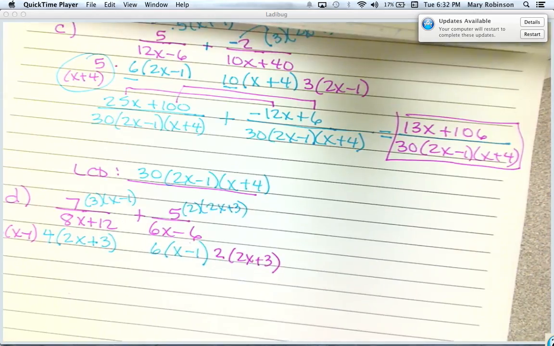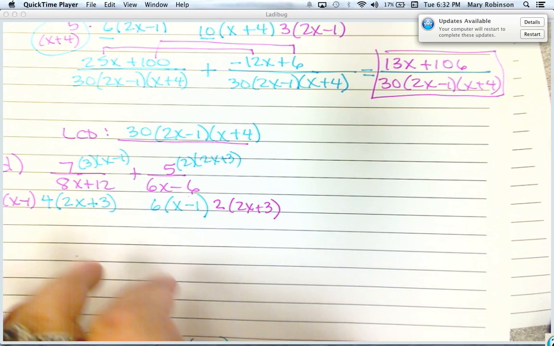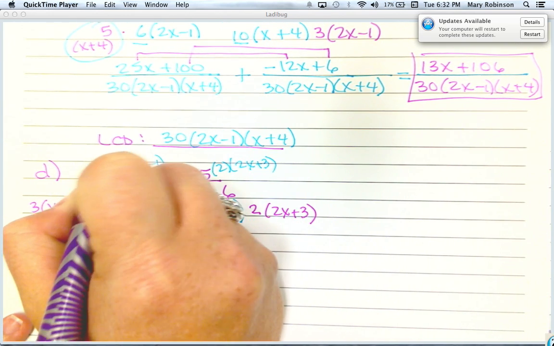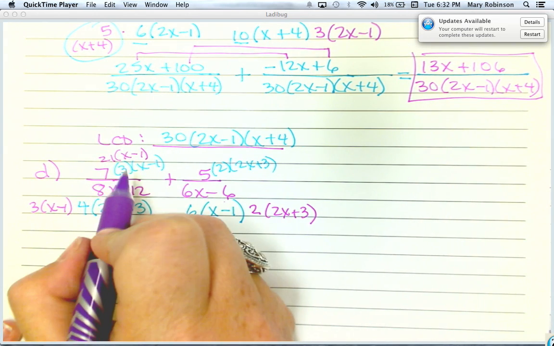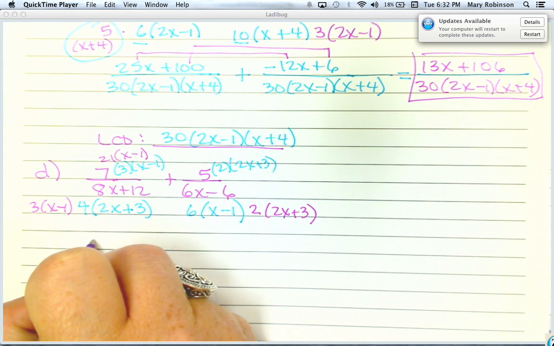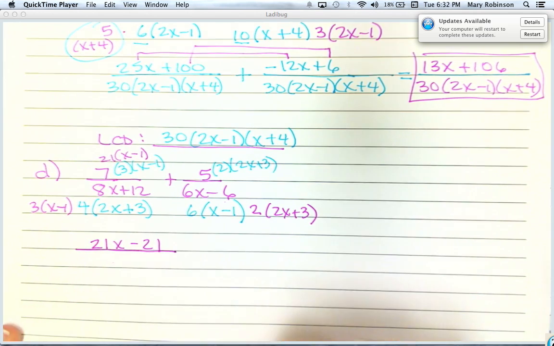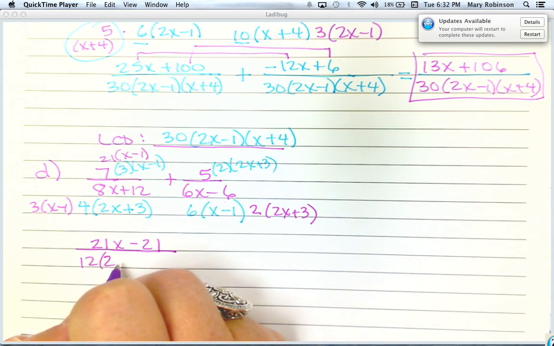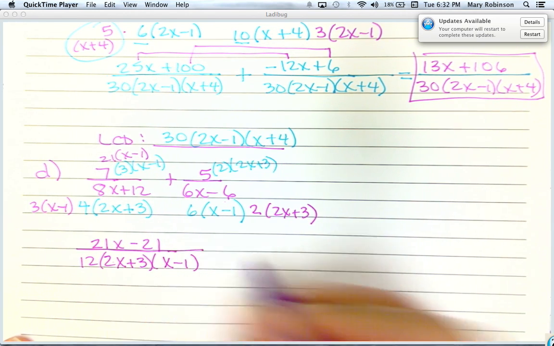All right, at this point, we simply distribute and simplify our numerator. Sorry for all the moving around. So this is 7 times 3 is 21. If I distribute that over the quantity x minus 1, I'm going to end up with 21x minus 21 over my common denominator of 12 times the quantity 2x plus 3 times the quantity x minus 1.